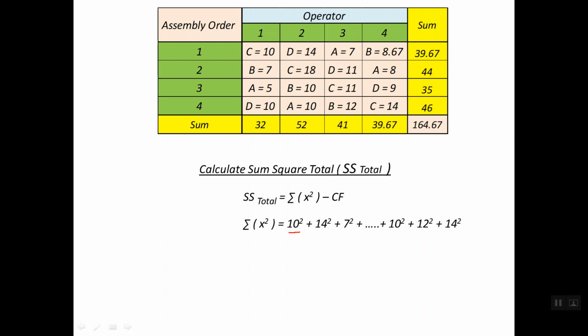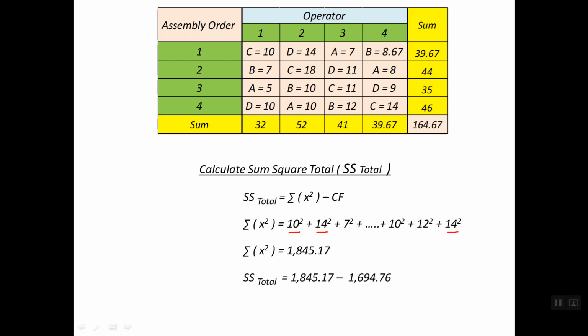This value lies in row number 1 and column number 1 and the treatment C. This is the second value squared, row 1 and column 2, till the end of the observations, which is 14. So this is the summation of the squared observations.